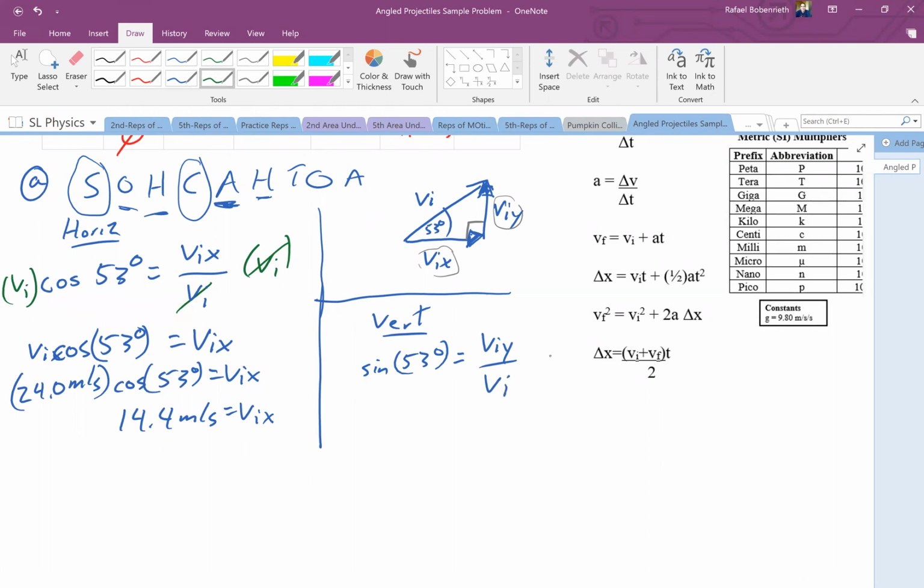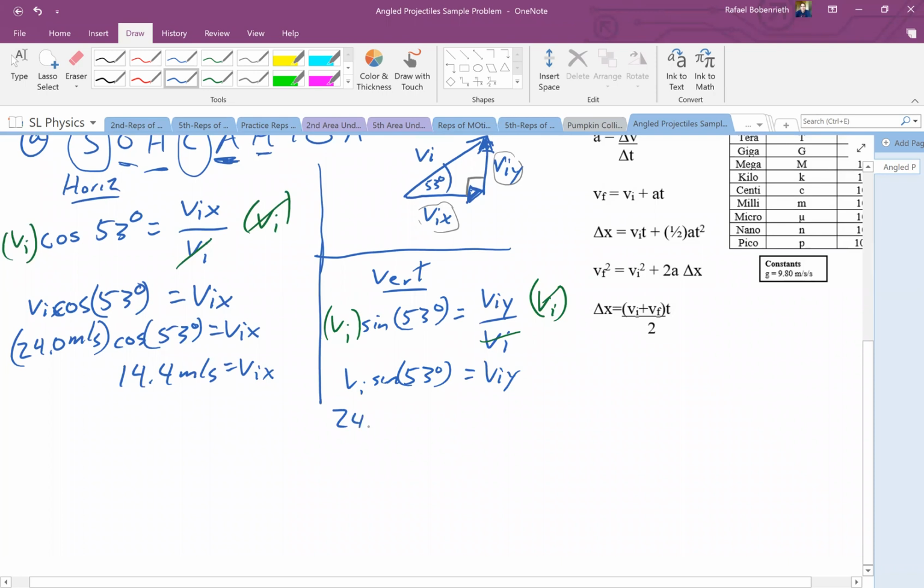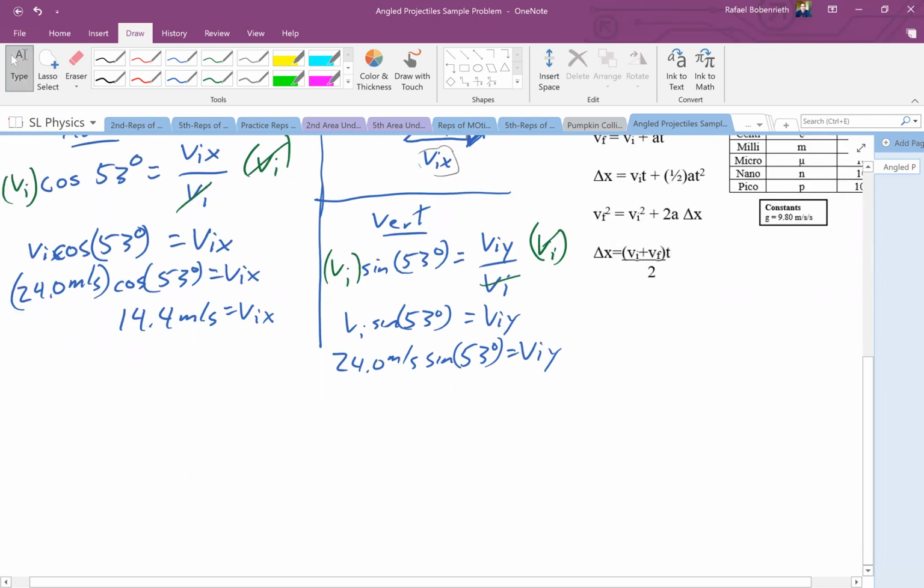Similar to what we did last time, if we multiply both sides by VI, we get an expression that allows us to solve for the initial vertical velocity. Plug in the number for the initial velocity and punch some numbers in our calculator. We get that the initial velocity in the vertical direction is 19.2 meters per second.